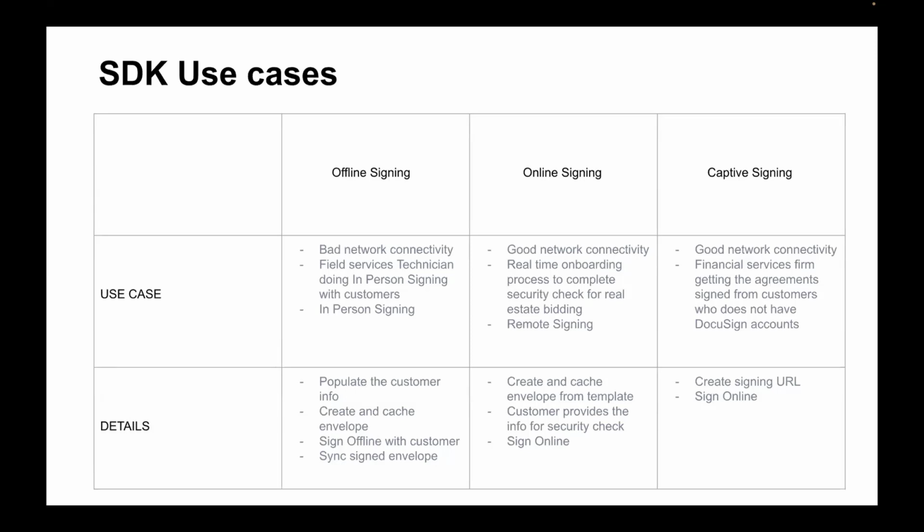With captive signing, you don't need to have a DocuSign account, and you can get the signing done from your customers. You can use our signing URL API. You create the signing URL and just provide the URL to the signer to get the signing done. So these are the various basic use cases to use our signing APIs.